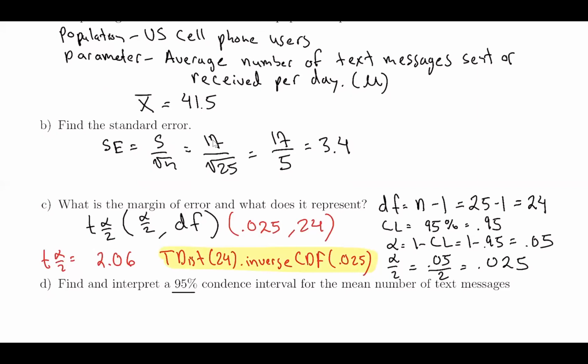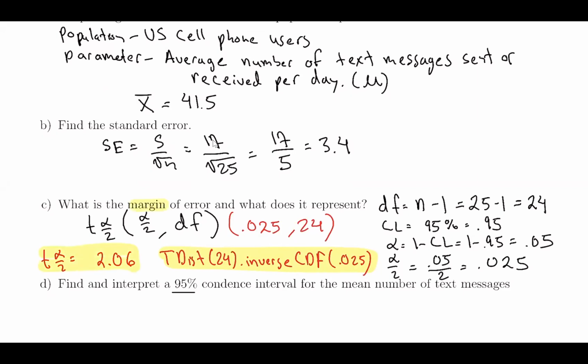I'm just writing it like how I would write it in ClassCalc, so that if I forget how to do it, I can just look at this and go, okay, first go to the T distribution and then enter 24 for degrees of freedom. Then you do inverse CDF, and then you put alpha divided by 2. All right, so here's my T value.